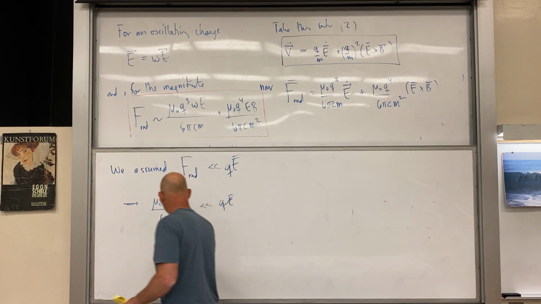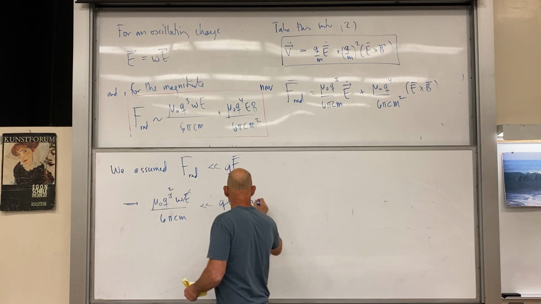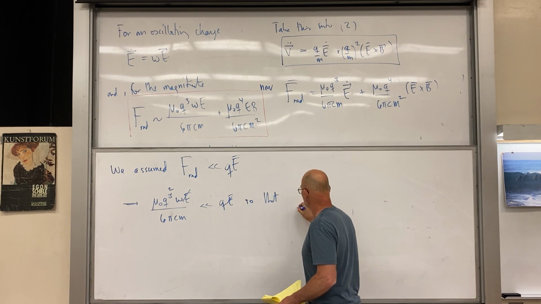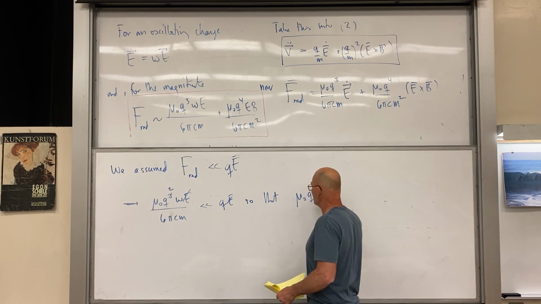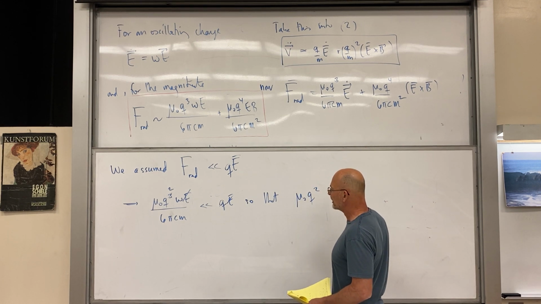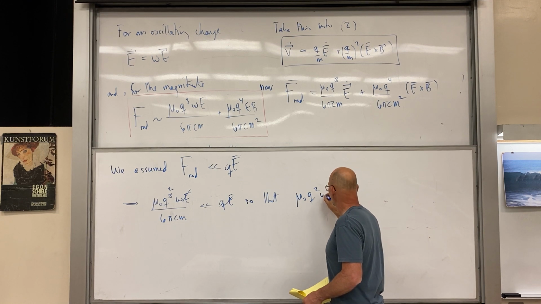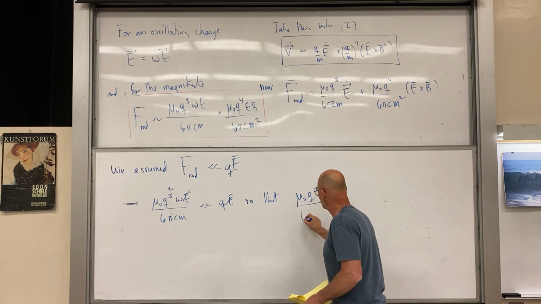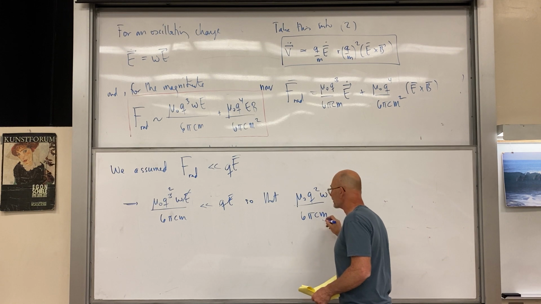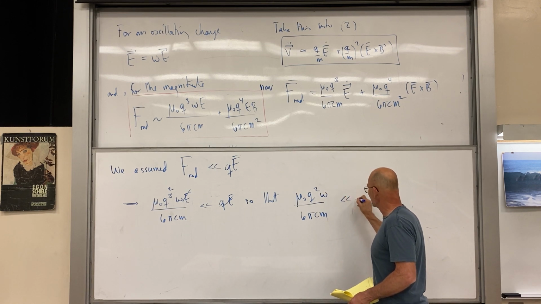So we end up with mu naught Q squared omega over 6 pi C M much less than 1.